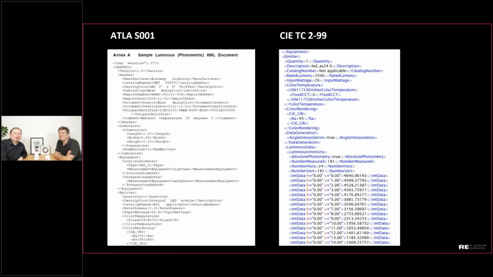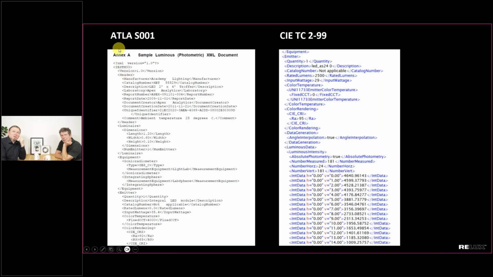You can also read it as ASCII, so it's also just a text file. It has some advantages to expand the file or change something. Also, you can use special parsers for it. That's correct. So these are, let's say, the two modern ways to describe photometrics.